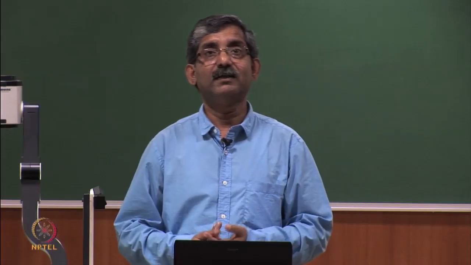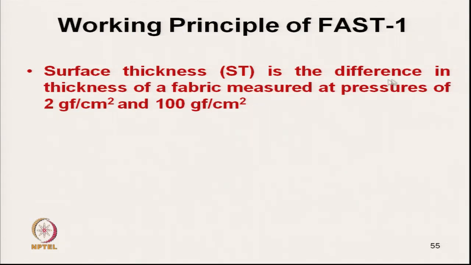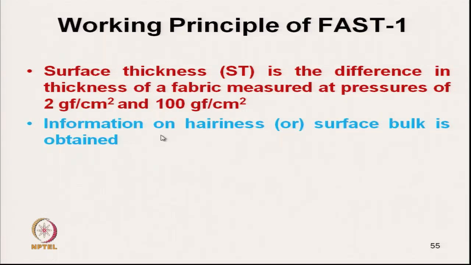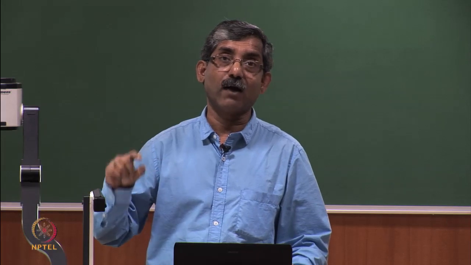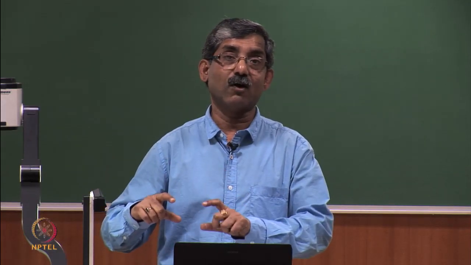It indicates the hairiness characteristics of the fabric, the surface hairiness. Information on hairiness or surface bulk is obtained. So, it is the hairiness or surface bulk characteristics, not the bulk characteristics of the fabric core.